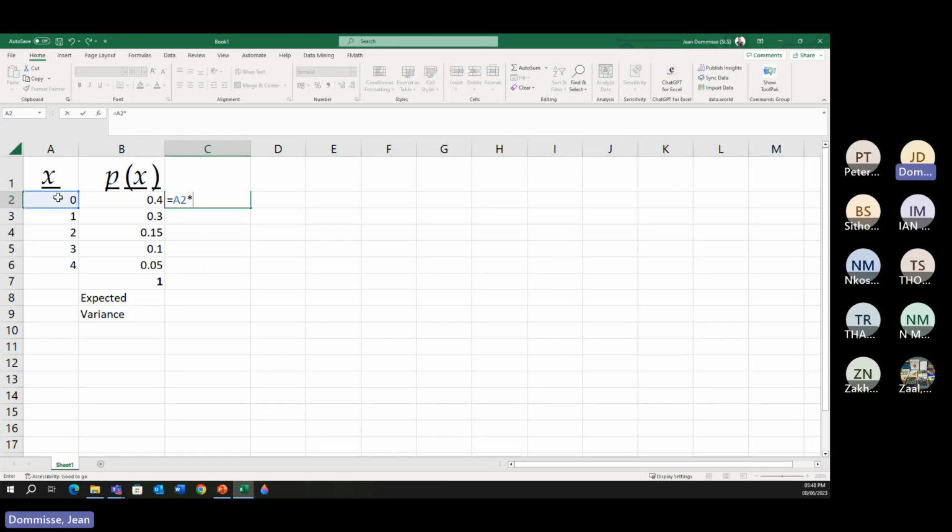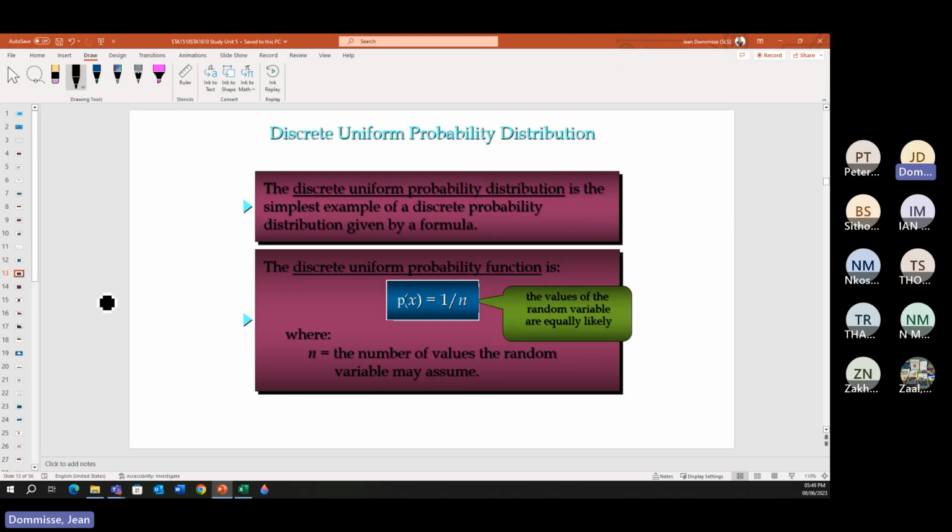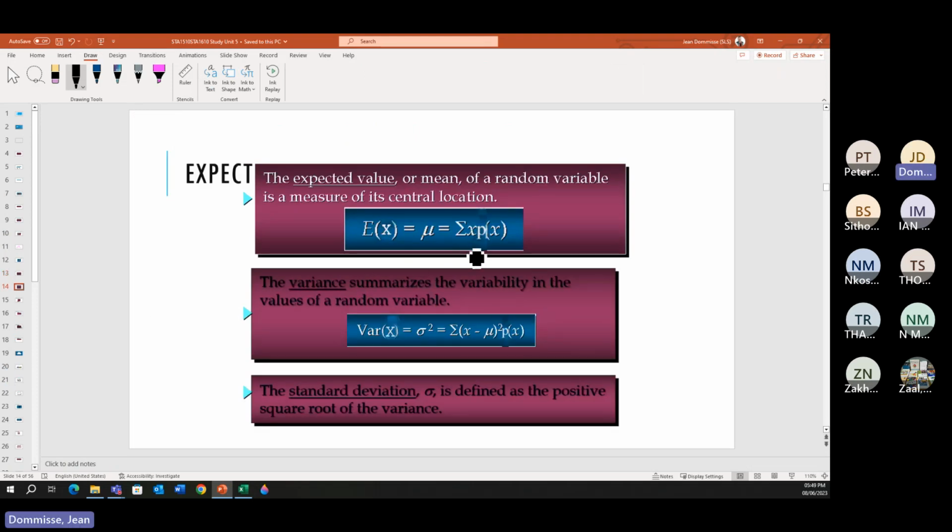It's 0 times the probability, and then we continue for all of them, and in the end you add all of them together. So your expected value would be 1.1. Let's go and look at that formula. The expected value is all the x's times the probability of that x, and you basically sum it for every one.